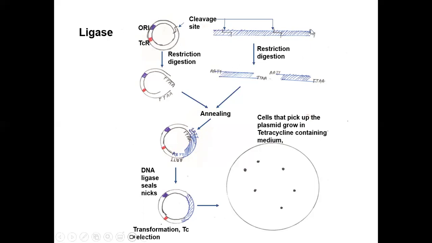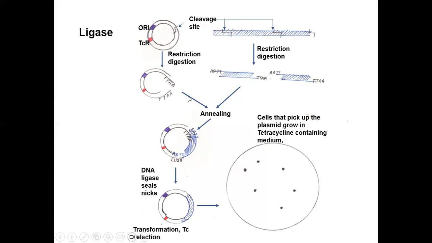Similarly, we have our insert DNA molecule that can be obtained from various procedures such as digestion of genomic DNA or the PCR method. Here we have to digest the plasmid molecule as well as the insert molecule with the same restriction enzyme so that compatible ends can be generated.